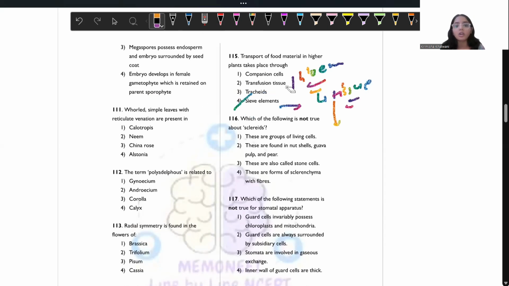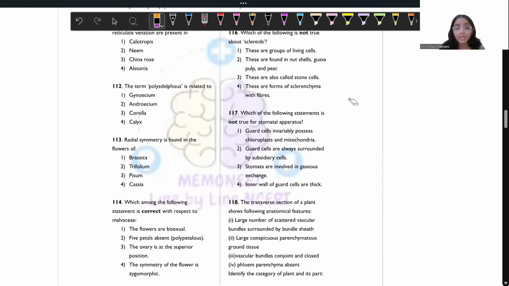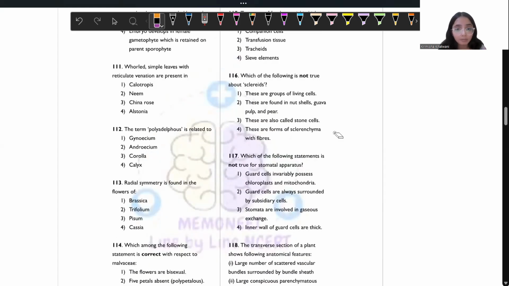Now the next question. Let us see. Just a second. It says, which of the following is not true about sclereids? The options are, these are a group of living cells; these are found in nutshells, guava pulp, pear; these are also called stone cells; these are forms of sclerenchyma with fibers.